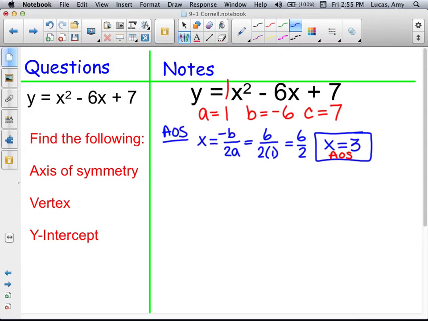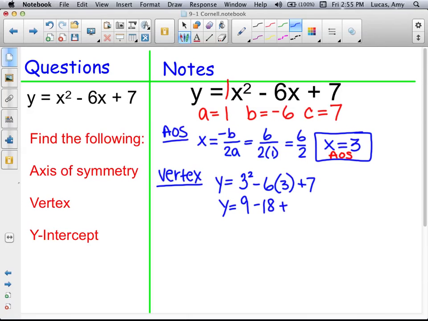For my vertex, I take that value, x equals 3, and I plug it in the original quadratic to solve for y. 3 squared is 9, minus 18 plus 7 is -2.